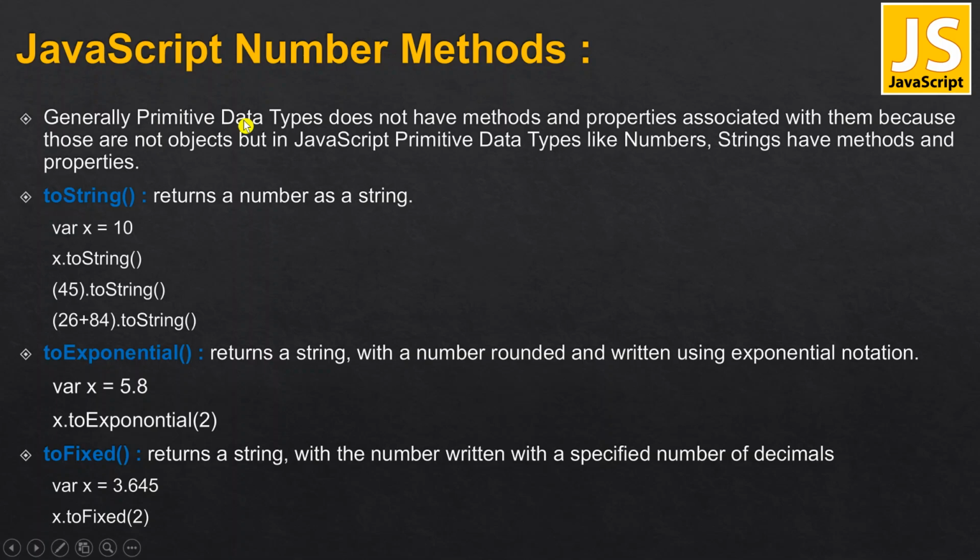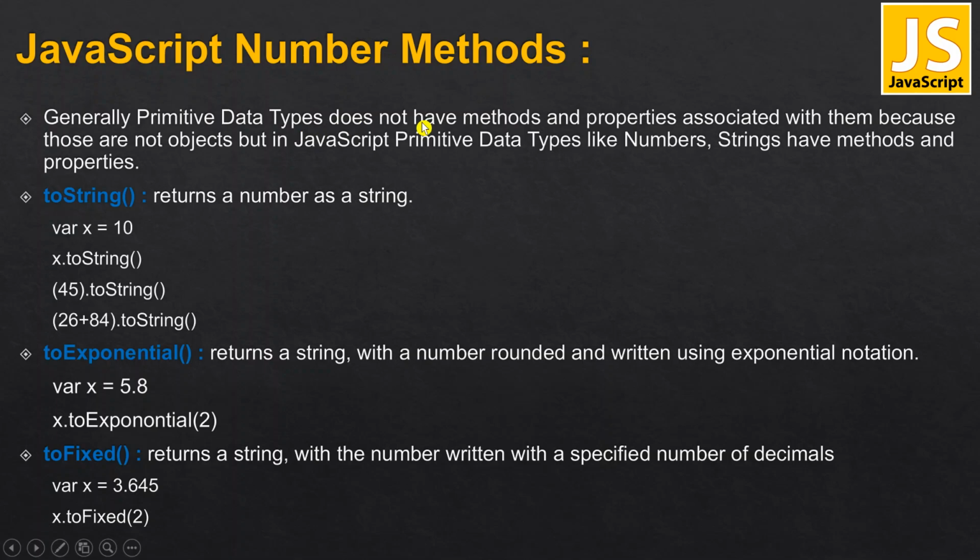So, generally, numbers and strings are all primitive data types in JavaScript. Generally, primitive data types do not have methods and properties associated with them because they are not objects. They are not purely objects like in Python, where a number, a string, everything is an object, but in JavaScript some primitive data types are there.